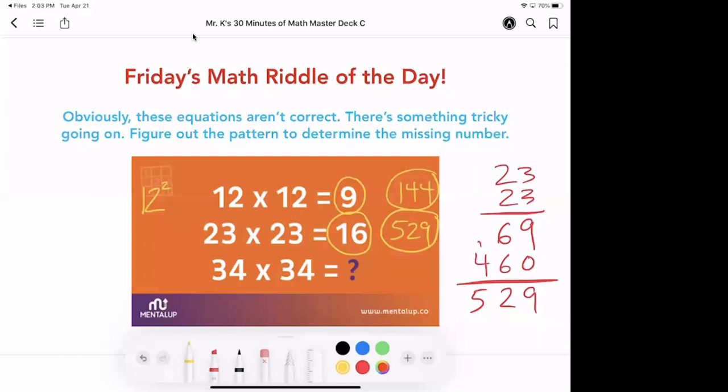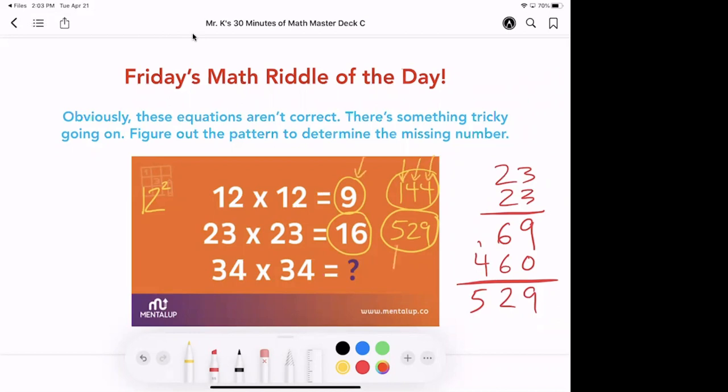Okay, welcome back. Ezra writes, if you add the numbers up, you get 9 and 16. Well done. Very nice. So if you add up 1, 4, and 4, you get 9.